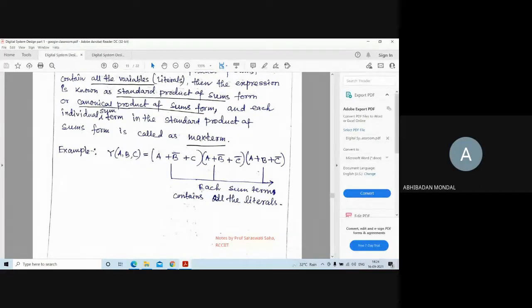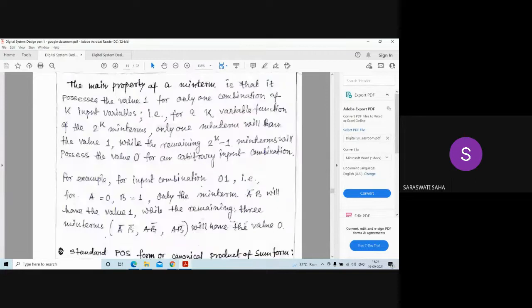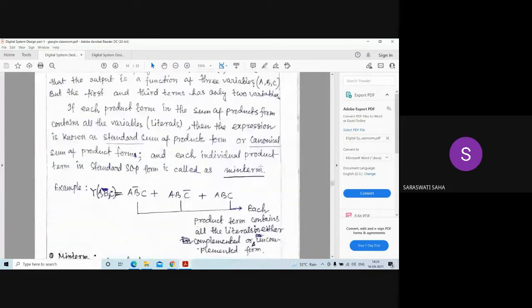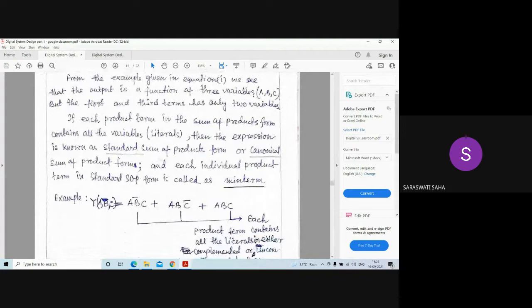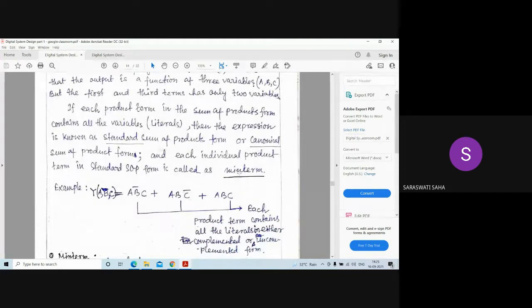Yes, ma'am. Now learn two terms which are known as MinTerm and MaxTerm. Now MinTerm, okay. So what is MinTerm? Each product term in standard sum of product form is called a MinTerm.